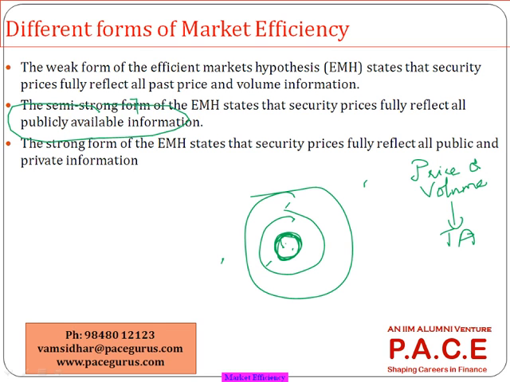Probably what we see is, the market might be very efficient in the weak as well as semi-strong form, but may not be that efficient in the strong form, because there is a good possibility that people knowing the insider information may make consistent abnormal profits, because they know what kind of project is going to come up and what kind of impact that project may have on the company.